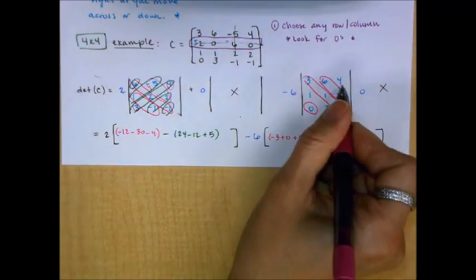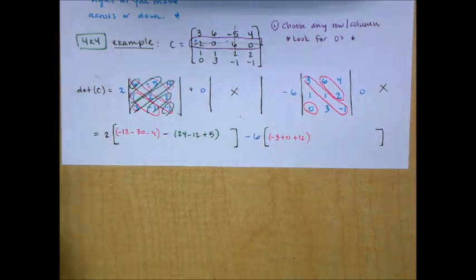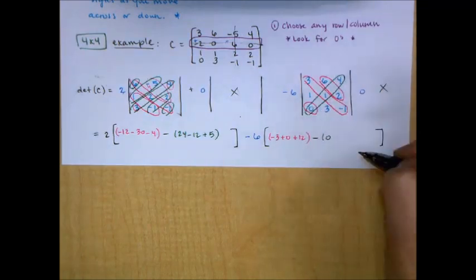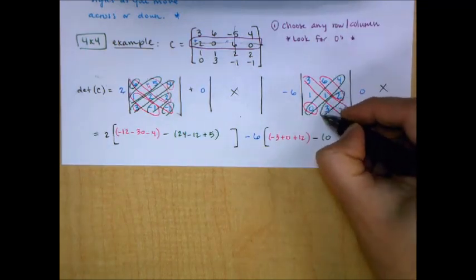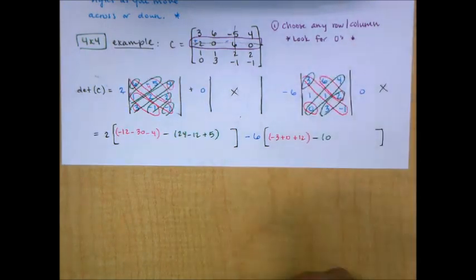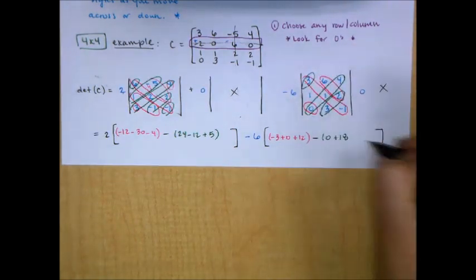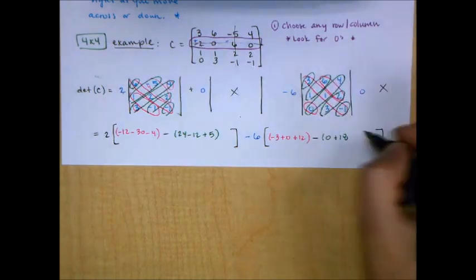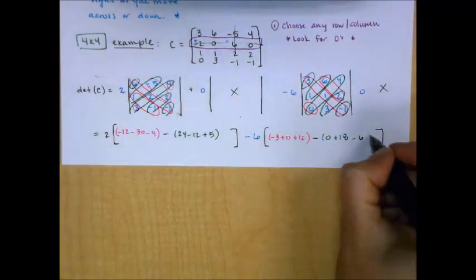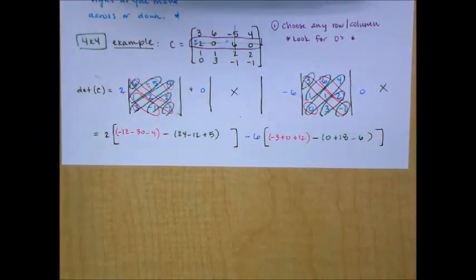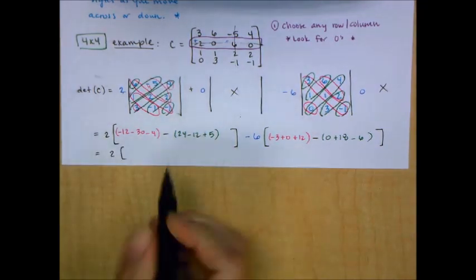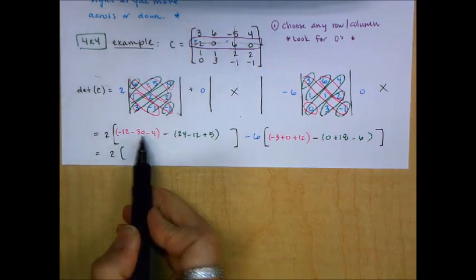We'll subtract and come back up. 0 times 1 times 4 is 0. 3 times 2 times 3 is 18. And negative 1 times 1 times 6 is negative 6. And then from here, we'll just simplify. So we have negative 42 minus 4 is negative 46.